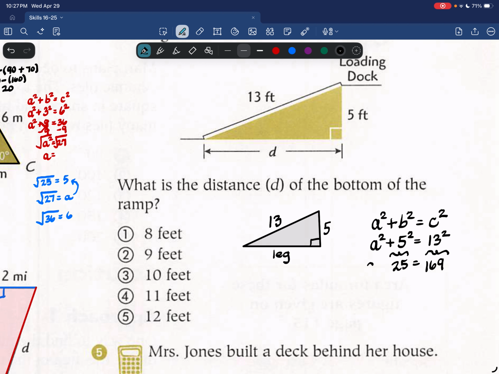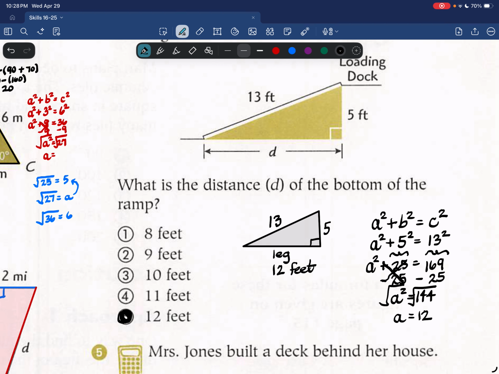And so we're getting there. I have to subtract the 25 from this side. And I would do the same for this side. So this one's gone. That leaves me that leg squared and 144. Take the square root of 144, that is 12. So that missing leg is 12 feet.